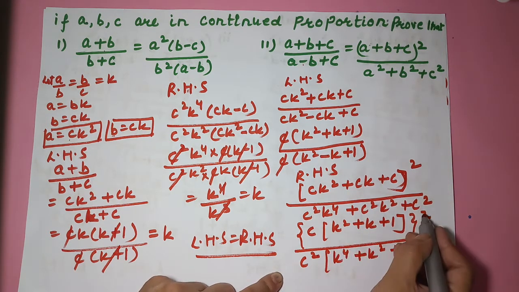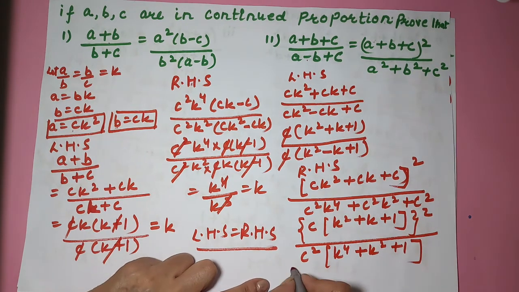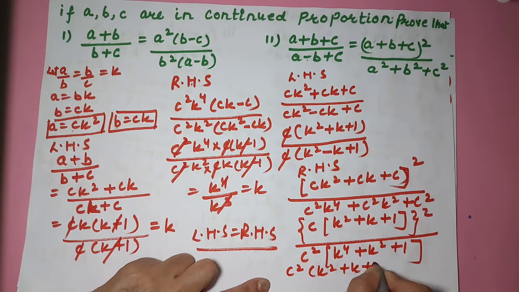Now if I take this out of the square, what will I get? I'll get c square into k square plus k plus 1 whole square, and in the denominator I am getting c square into k^4 plus k square plus 1. This and this will go.